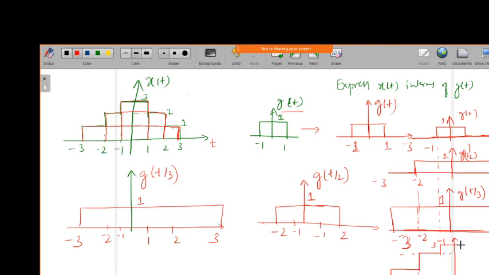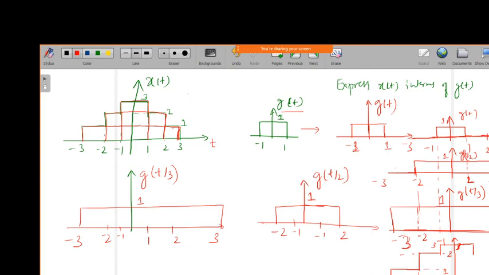So this is amplitude value 3, this is 2 and this is 1. Now similarly on the positive side, this is 1 plus 1 plus 1, the 3 will be maintained till the value of 1, and this is plus 1 and this is plus 2.